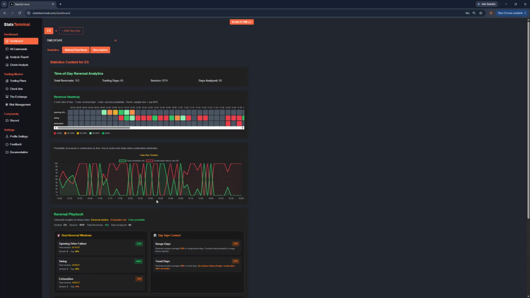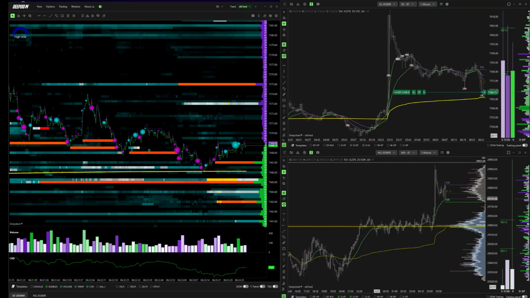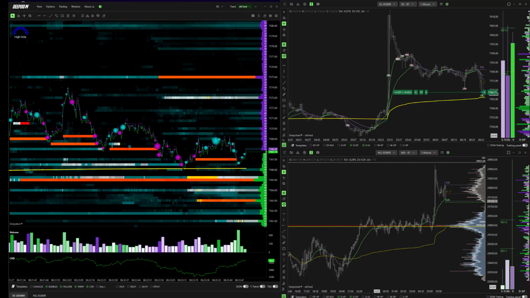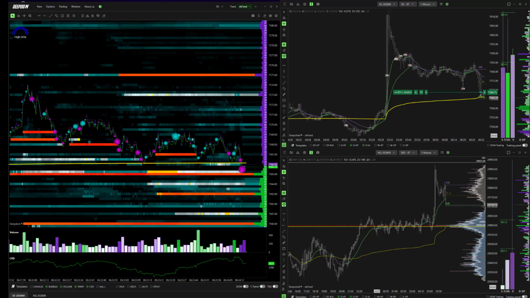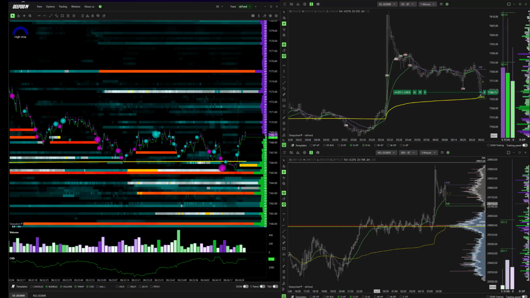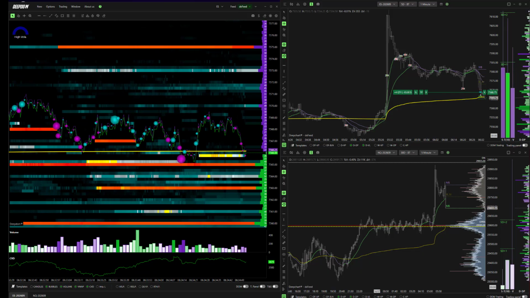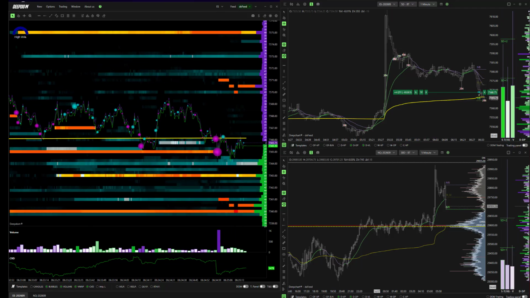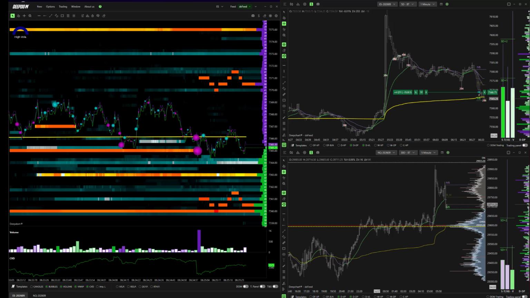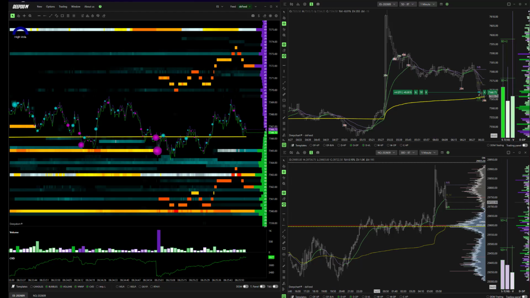Now let's look at the first trade. The first trade happened shortly after market open. Price pulled back into the VWAP for the very first test of the session. Market profile also showed a low volume node just underneath the price. A low volume node often becomes a rejection area because the market previously moved through those prices very quickly.